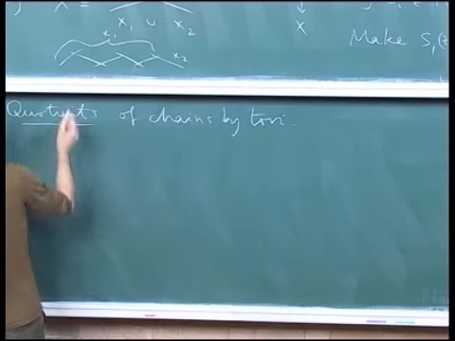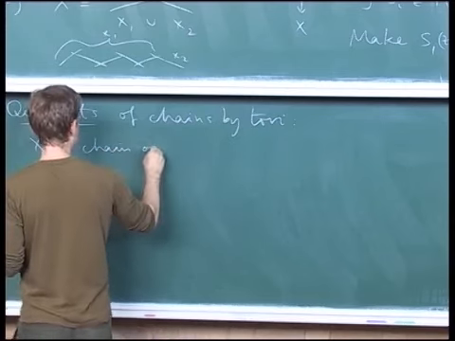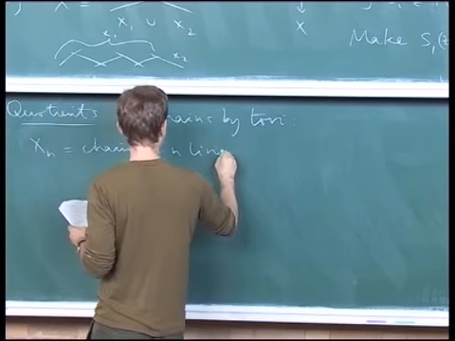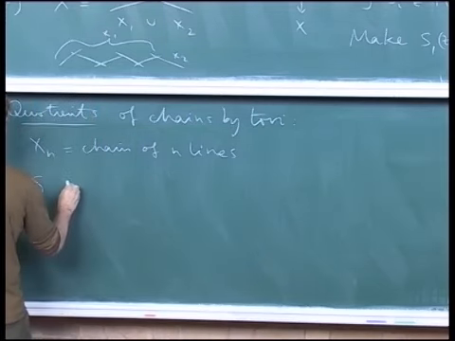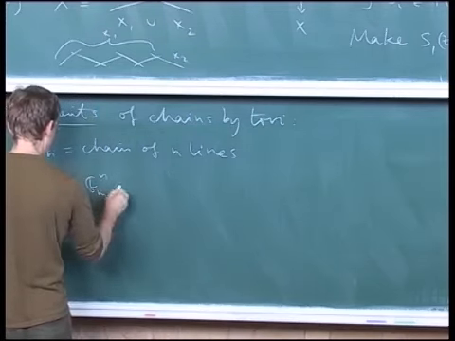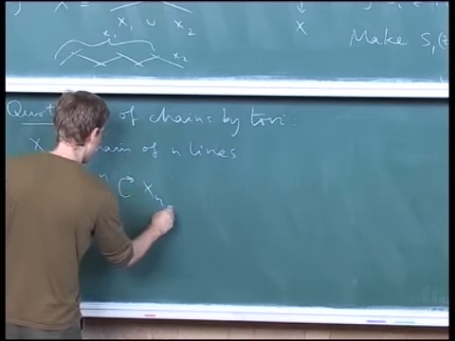So let's say I let Xn be this chain of n lines, as before. But now I have n copies of the multiplicative group acting on the n components of my chain.